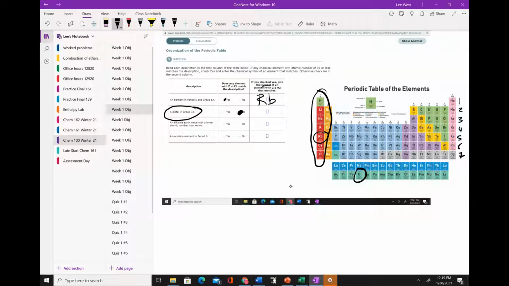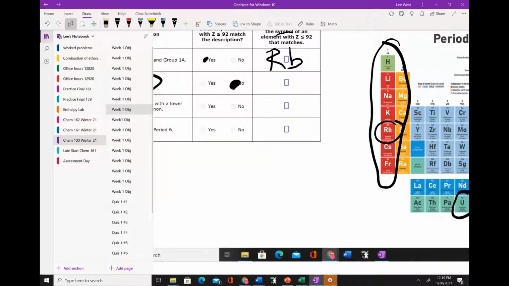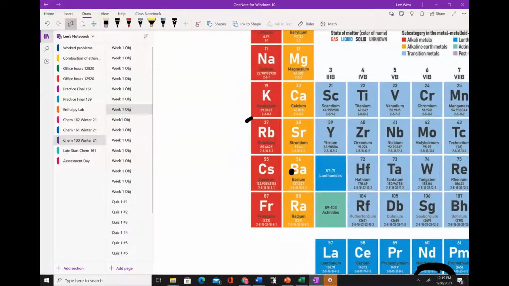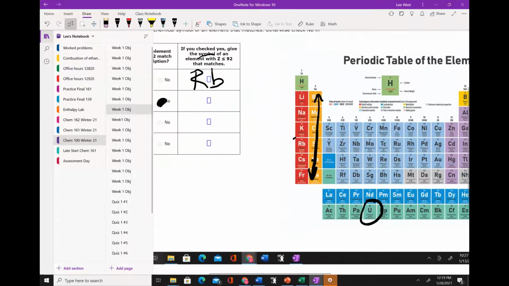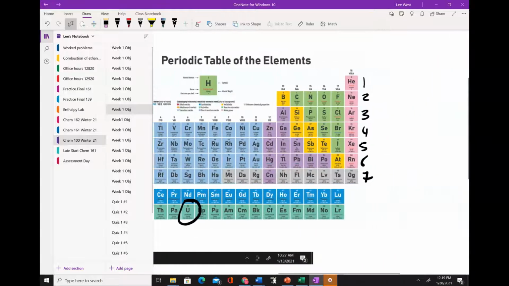Okay, so an alkaline earth metal with a lower atomic number than xenon. So alkaline earth metals are those that are in group 2A, which on the periodic table that I'm using are the elements that are in this kind of orange color. So there we are. And then we just have to make sure that it meets the requirement with respect to xenon. So it wants to have a lower atomic number than xenon.